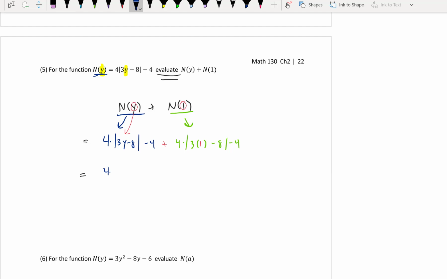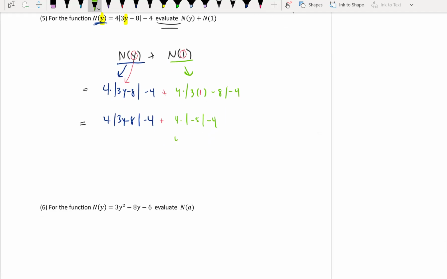You're just going to have 4 times the absolute value of 3y minus 8, minus 4. And you have our second part of the equation, which I have written in green. So here I can just compute. I can just plug this into my calculator or compute each part of it, right? So this is just going to be my 4 times the absolute value of 3 minus 8, which is going to give you your negative 5, minus 4.